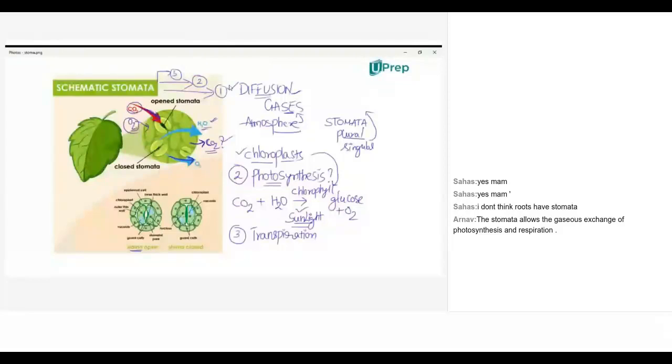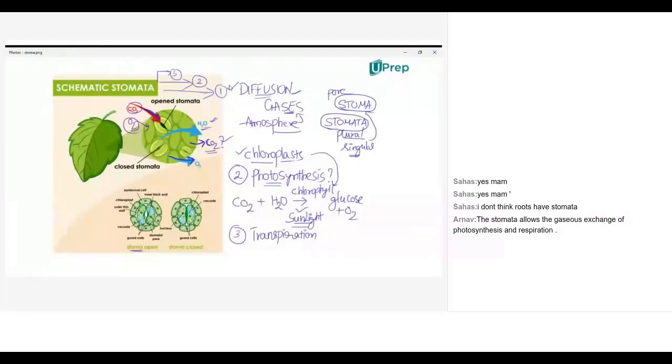Yeah, stoma. Okay. Stoma is the singular form of stomata. When we say stoma, it indicates single pore. If you say stomata, there are numerous pores. Okay. This is the basic idea regarding stomata and stoma.